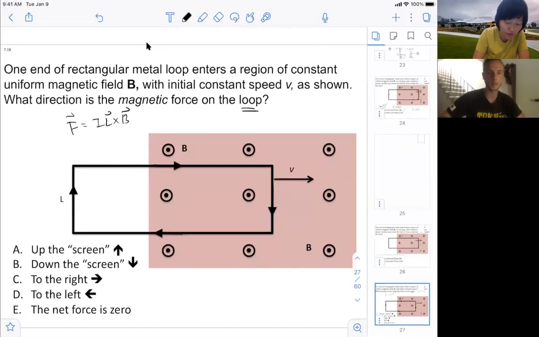So let's look at the force on each of the legs. For the bottom leg, I is going down, B is up, so the force is to the left. And is there any force on the left leg?